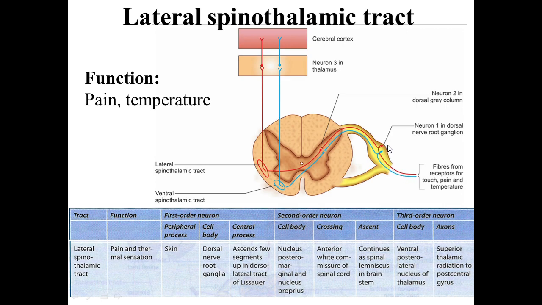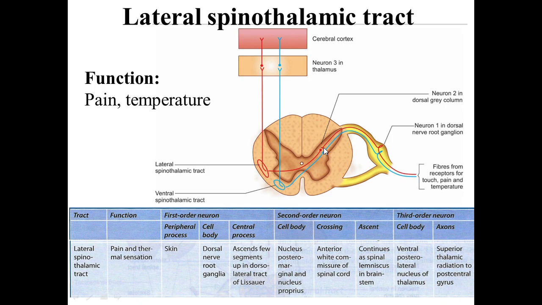They enter into the dorsal root ganglia, and the axons of these neurons enter into the gray matter, the nucleus proprius and posteromarginal nucleus. Posteromarginal nucleus is situated on the top of the posterior horn of the gray matter. So these fibers enter into the gray matter.